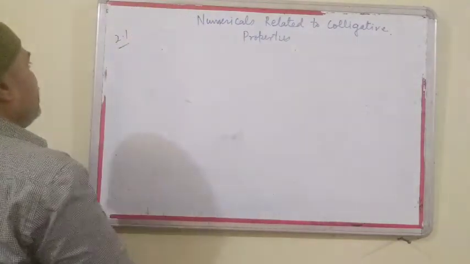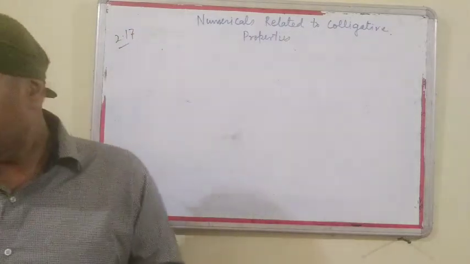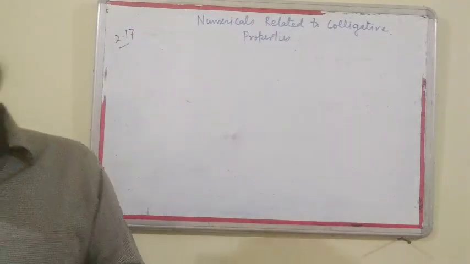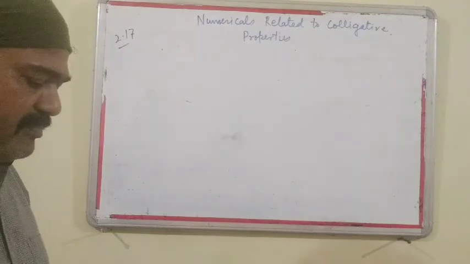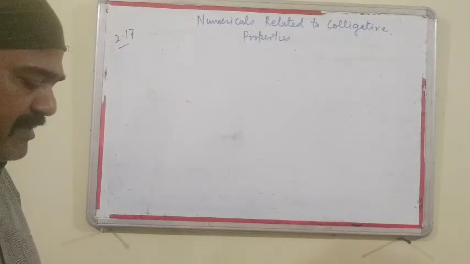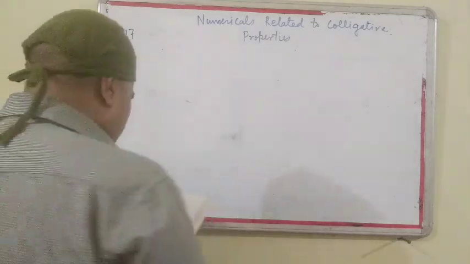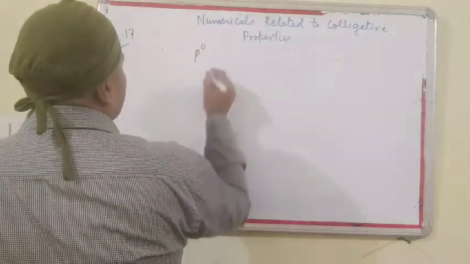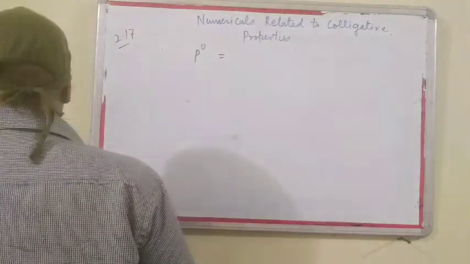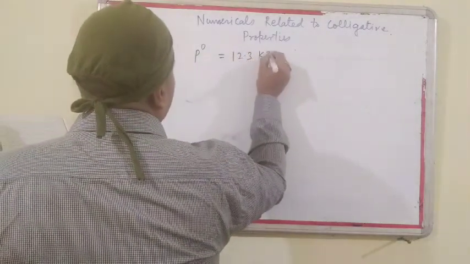Question number 2.17. This question says that the vapor pressure of water is 12.3 kilopascal at 300 K. Means P0 is given, and this is 12.3 kilopascal.